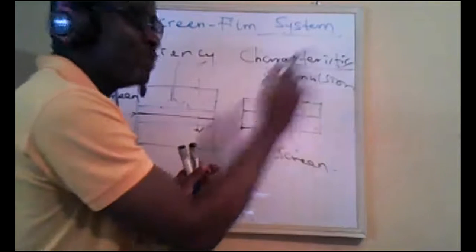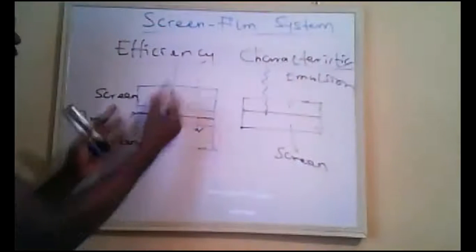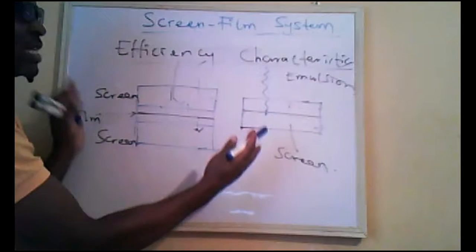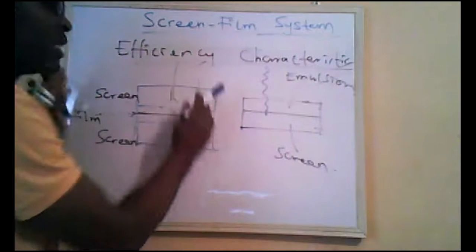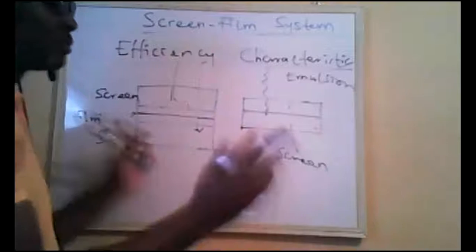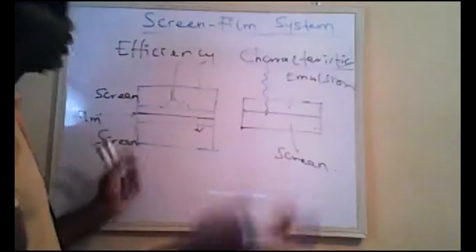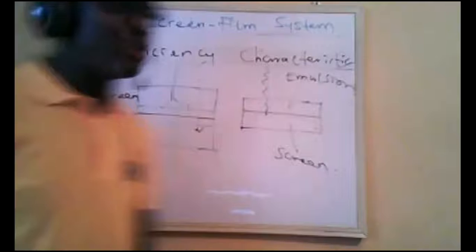But in general radiography we need this system because we need as many light photons as possible to give a radiograph of good optical density.